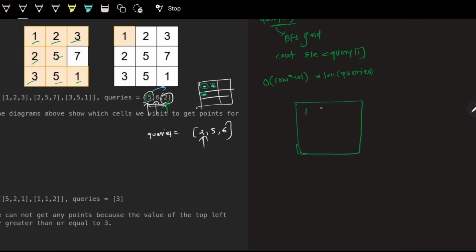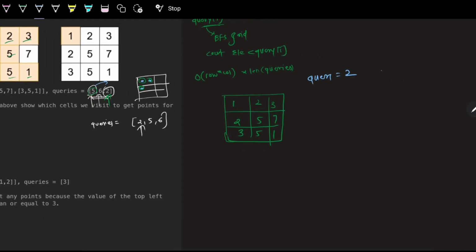Let me draw the original matrix here: 1, 2, 3, 2, 5, 7, 3, 5, 1. Now my query element is 2, correct? Using this, I will keep the count for query 2, how many cells I can visit using the 2. Initially I will start from here, correct?